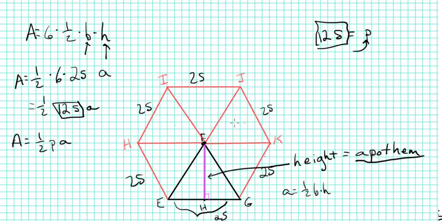Well, every regular polygon has the same formula for the area, even if it's not an equilateral triangle. If we have, for example, a hexagon or an octagon, it doesn't matter. The area is always going to be 1/2 times the perimeter times the apothem. That A means apothem.